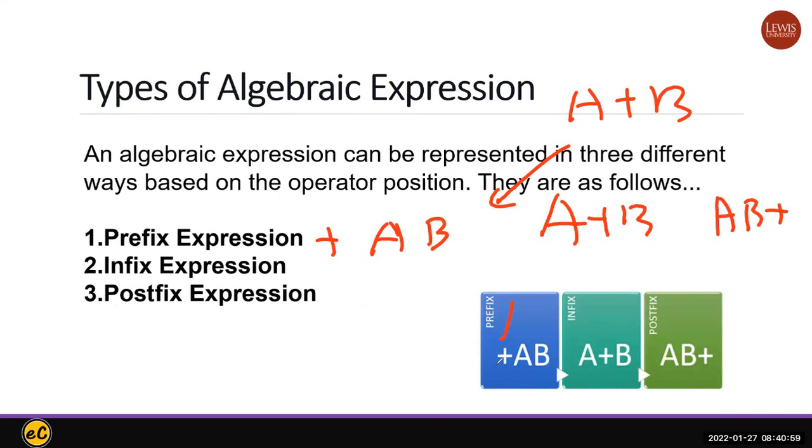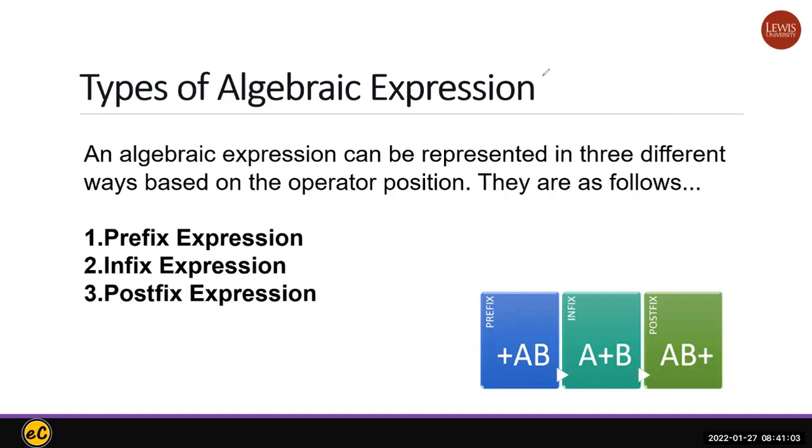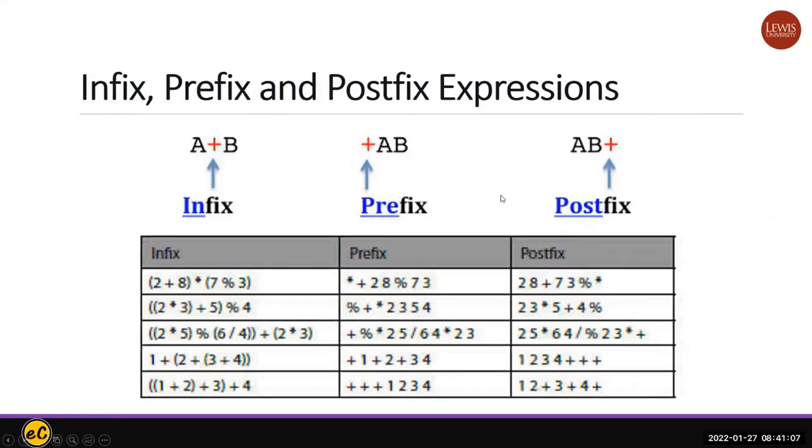So we have 3 ways to represent the same algebraic expression, and we can use a stack to convert one expression to another. Here A plus B is called infix. In prefix the operator is on the left-hand side, and in postfix the operator is on the right-hand side. We can use infix and then convert to postfix.